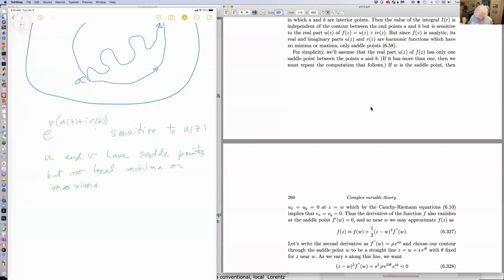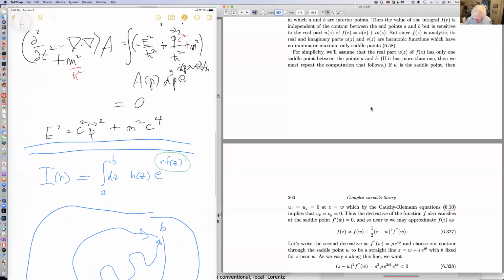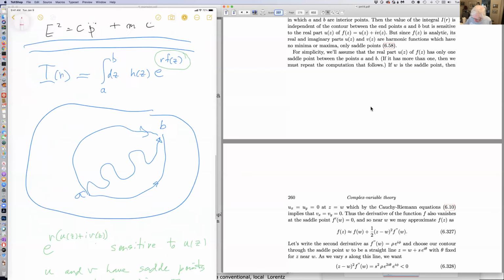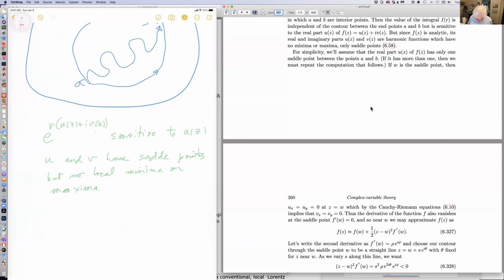And so what we do is we imagine that we've got, let's suppose I switch colors again here. Let's go to maybe red again. So the idea is that if we have A over here and B over there, we choose the integral so that it goes through a saddle point where f of z has no derivative. So this is u prime of z plus i v prime of z.